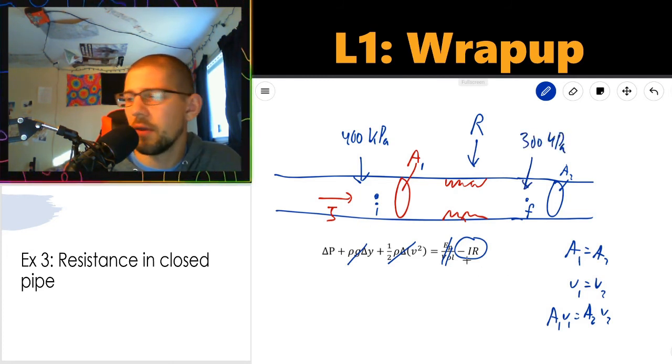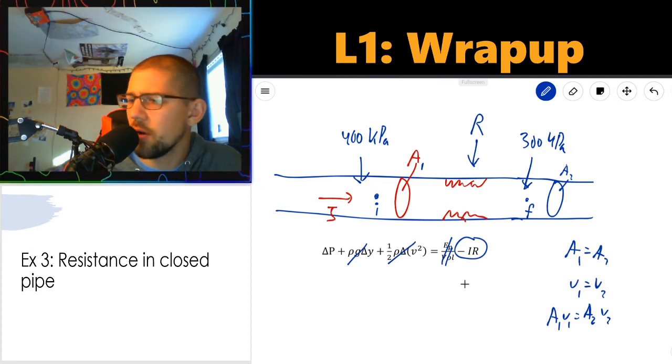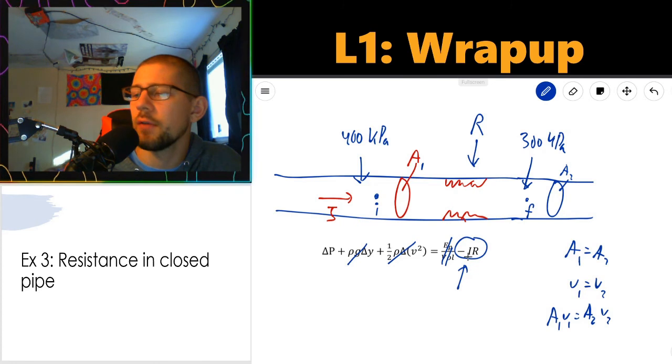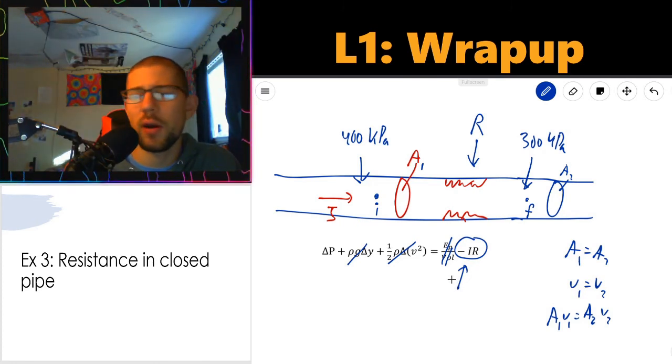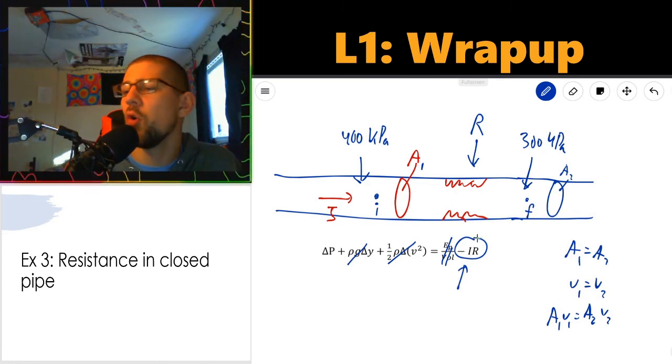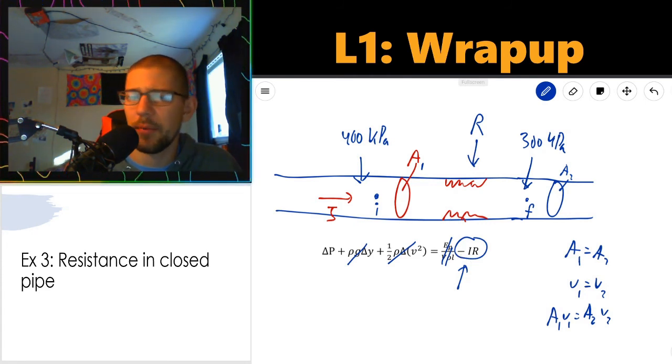Notice also that the change in pressure scales linearly with the amount of current. So the more fluid I'm trying to push through my system, the bigger the pressure drop is going to be for a given uniform resistance section of pipe, like rusty pipe.